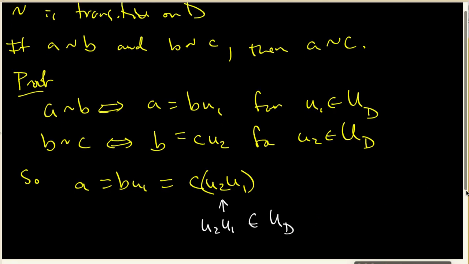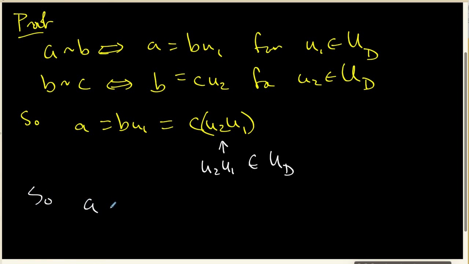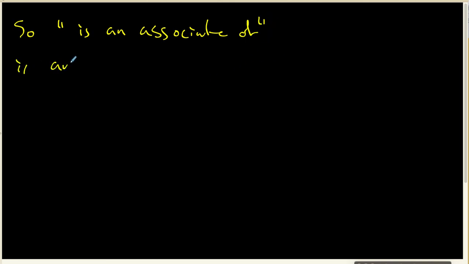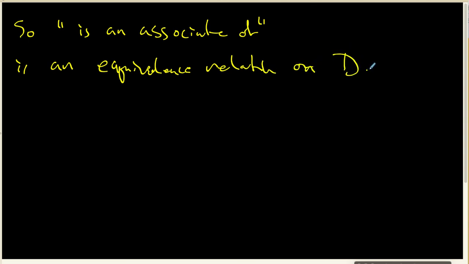And hence, we have that A is indeed an associate of C. So what this says is the following: is an associate of is an equivalence relation on our domain D. And that's an important idea.